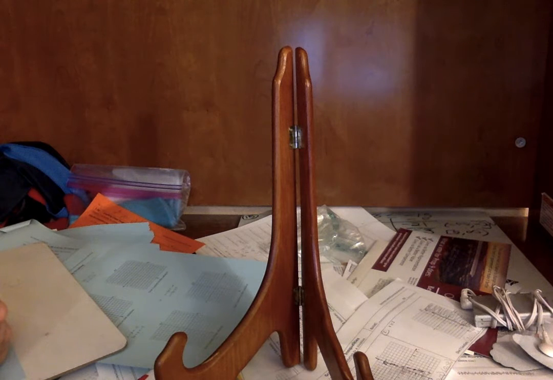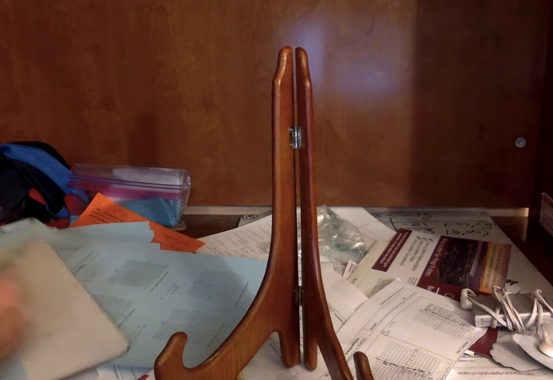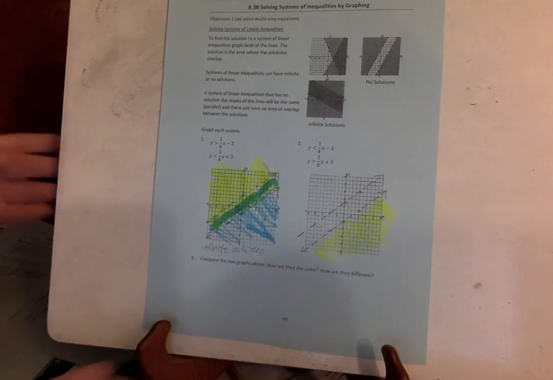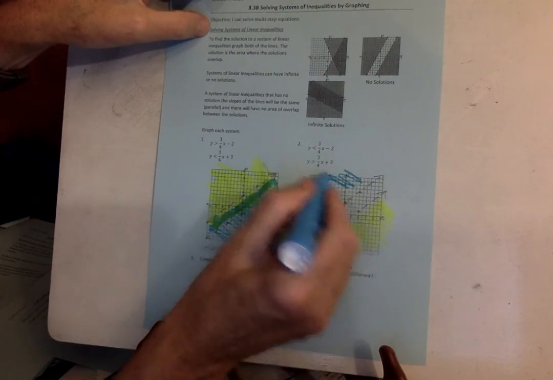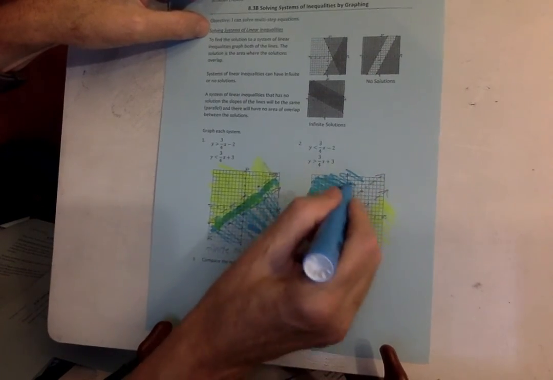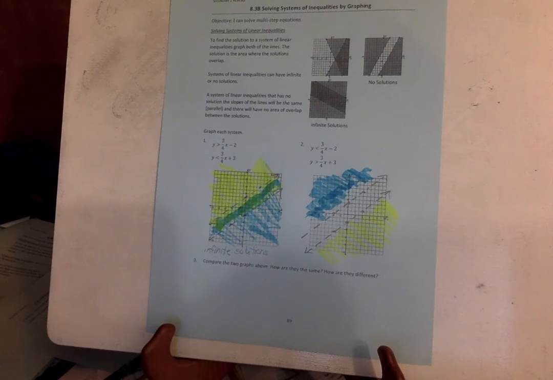It's just kind of hard to do it that way. And since it's greater than, okay, now where do the blue and the yellow overlap?